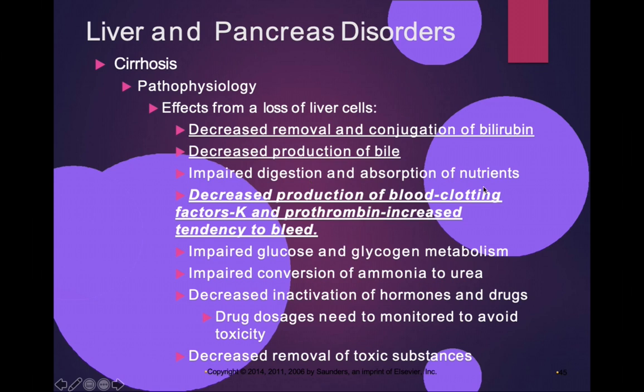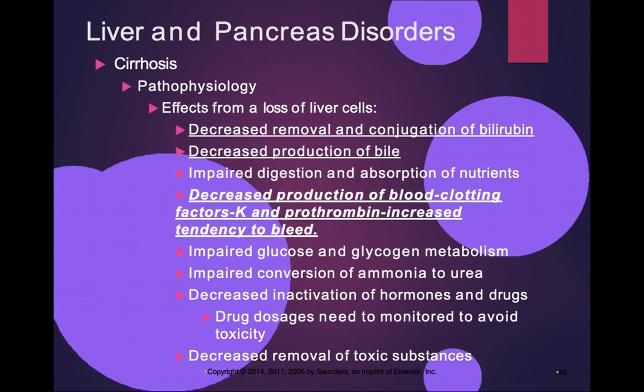Everything that we did on that first slide with the liver and all of its functions, now it's going to have impact. Decreased production of blood clotting factors, K and prothrombin, which means there's going to be an increased tendency of bleeding.